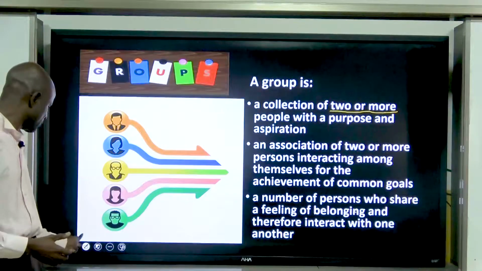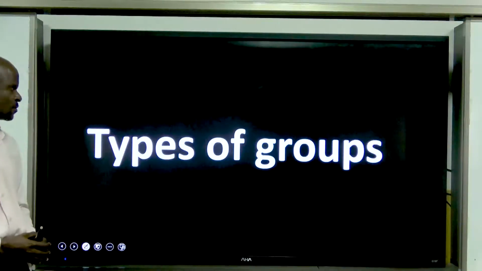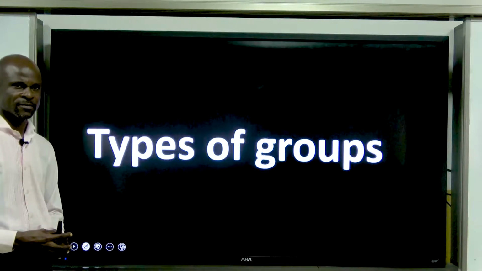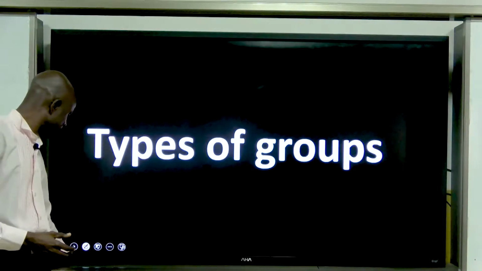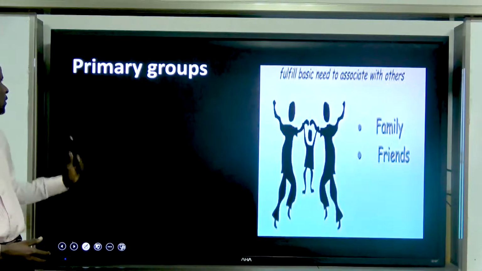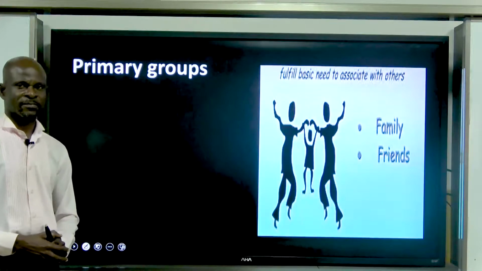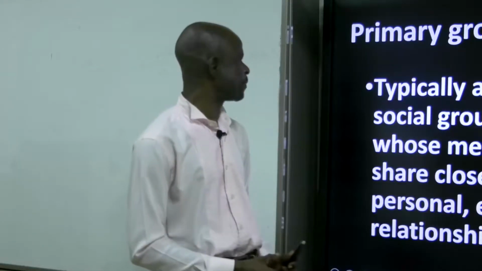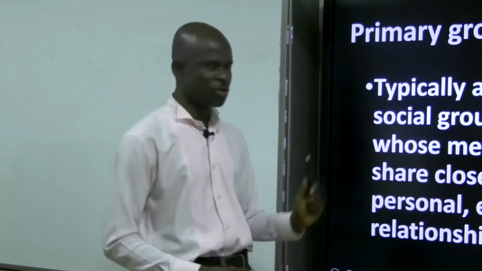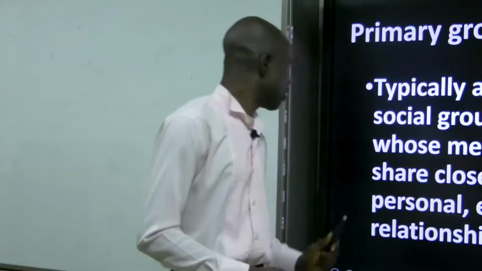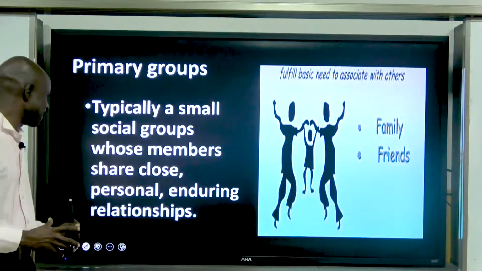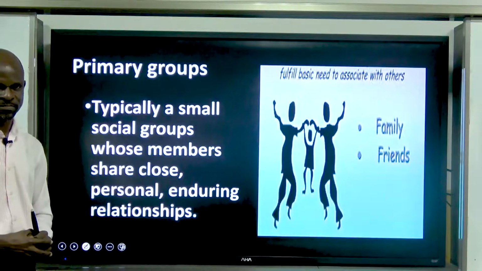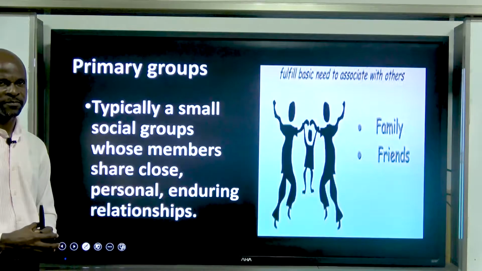Let's look at types of groups. How many types of groups do we have? Primary group is the first one we'll talk about. A primary group is typically a small social group whose members share close personal enduring relationships. That's a primary group.